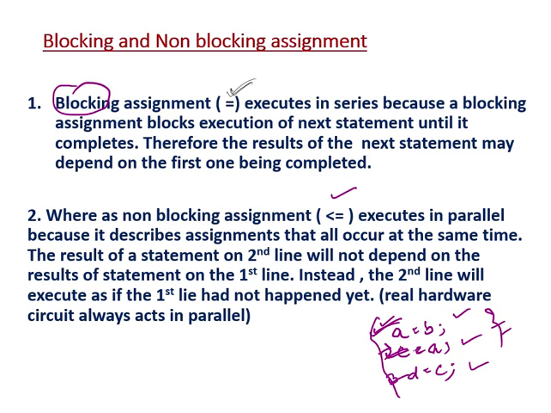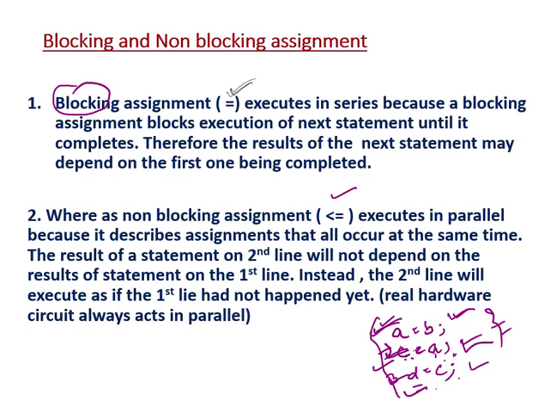And why does this happen? For example, here C equal to A, and from where will C get this A value? From the previous statement. And how will the D value be updated? From C, and C from the second line. So unless and until the previous line is executed, how will the second or third line get the data?